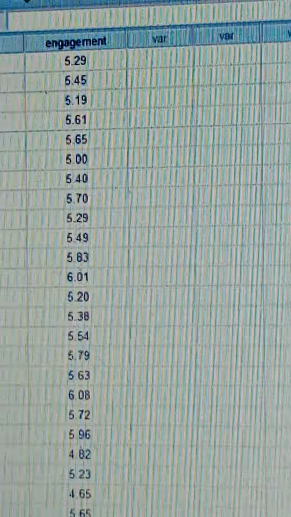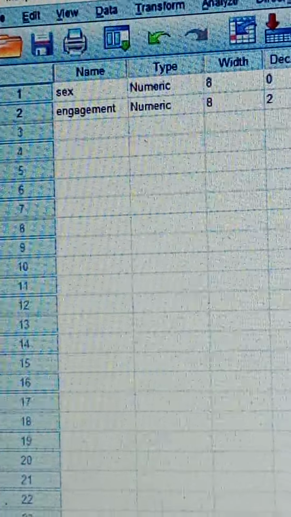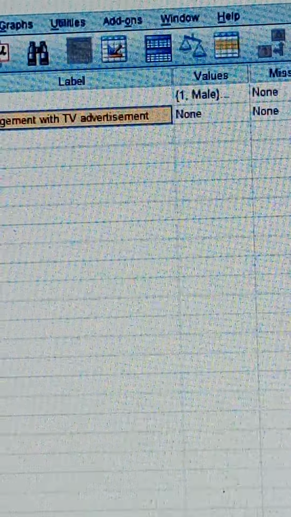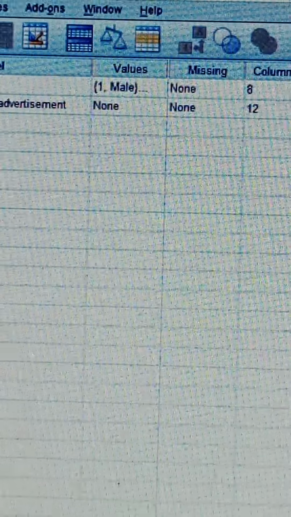So this is the continuous variable, engagement with TV advertisement. While the next assumption, the categorical variable, is sex, because we only categorize sex as male and female. So it is considered a categorical variable, specifically nominal measurement. So we pass those assumptions.